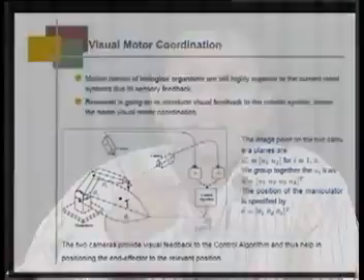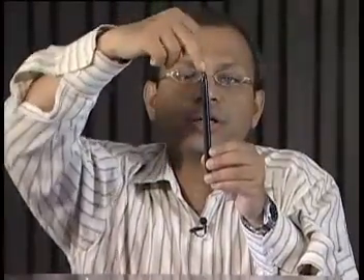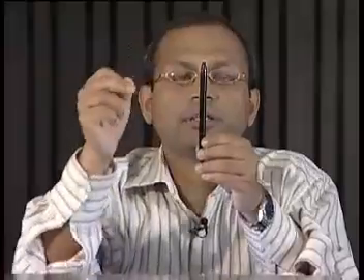Just like given an object, how I go and catch it. For example, I can touch this tip in this way, or in this way. So, there are varieties of ways I can reach this point through visual feedback. This is called hand-eye coordination.